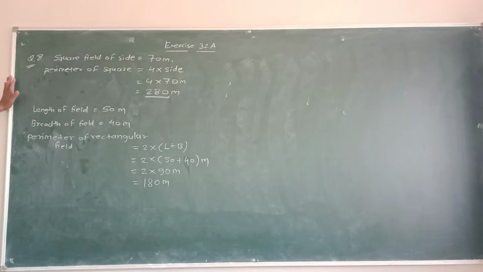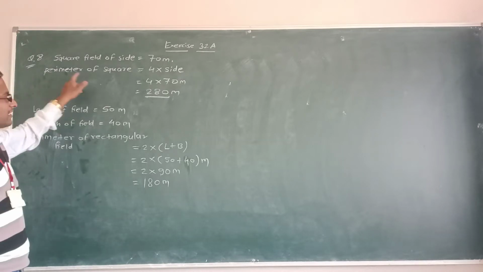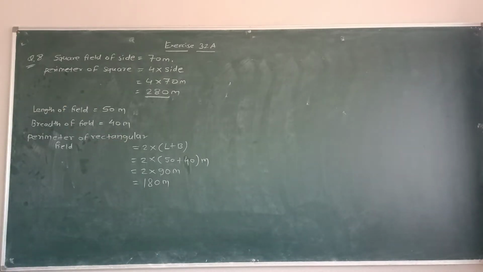After that, which is greater, the perimeter of the square or the rectangle? The perimeter of the square is greater than the perimeter of the rectangular field.